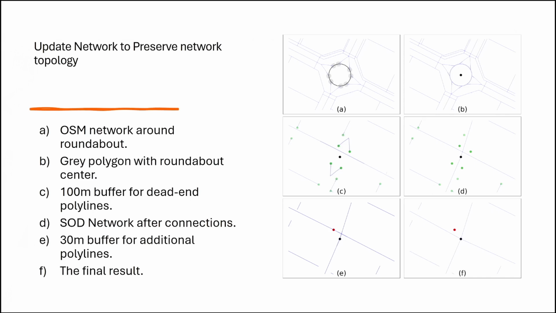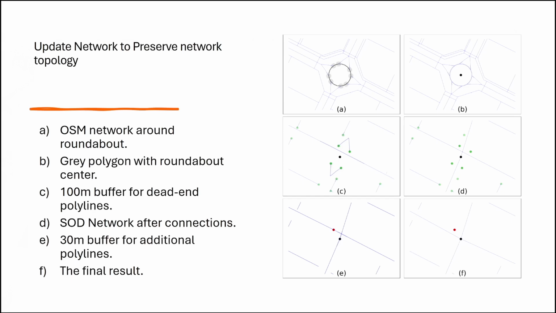connected the polylines, and then we also need to add the roundabouts that we removed in the first step back into our network.